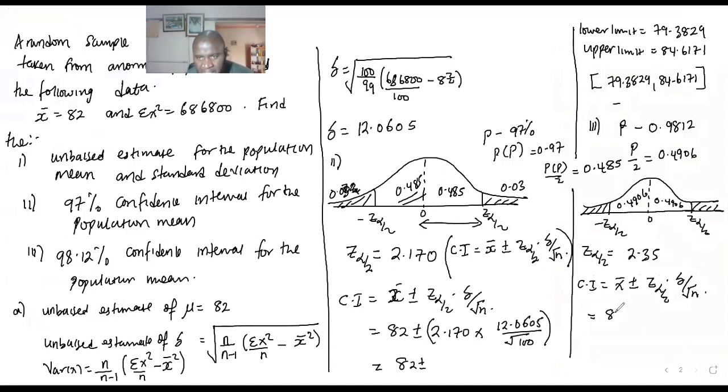So we shall have 82 plus or minus 2.35 times 12.0605 divided by 10. I think you know now where I'm getting the 10 from, root of 100. Someone get me the answer. So is it any complicated anymore, guys? I promised you, it's very easy, as long as you know. Okay, now get the final answers.